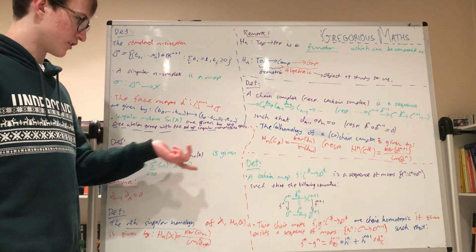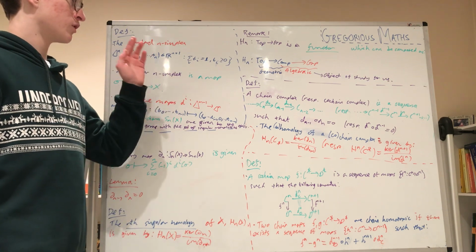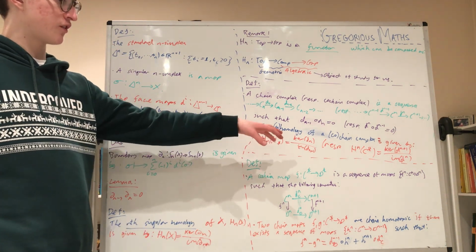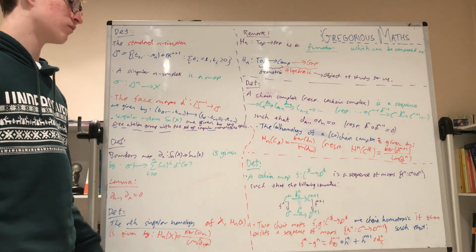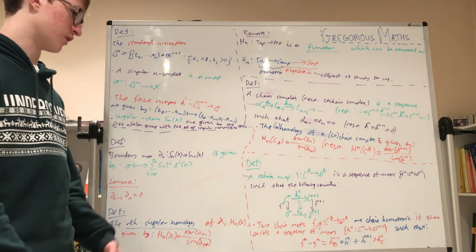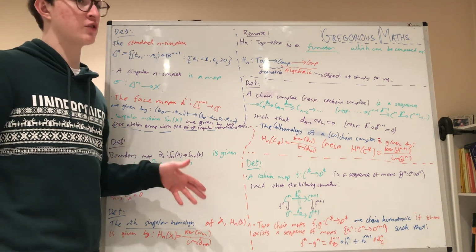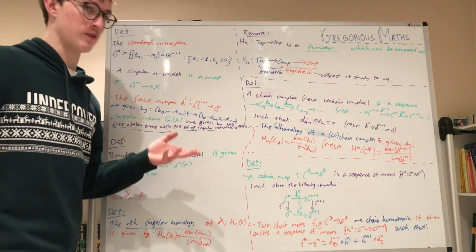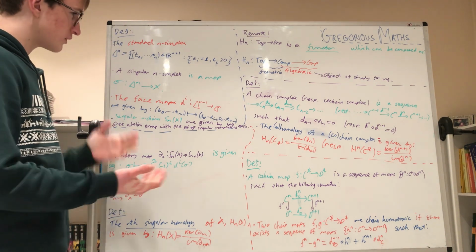I'll be generalizing simplicial homology to all topological spaces, and then making some more general remarks about chain complexes, cochain complexes, and chain homotopies. Just some more general, more exciting stuff that will set us up to do the real homological algebra shenanigans, which we'll be getting onto in later videos. So, let me proceed.